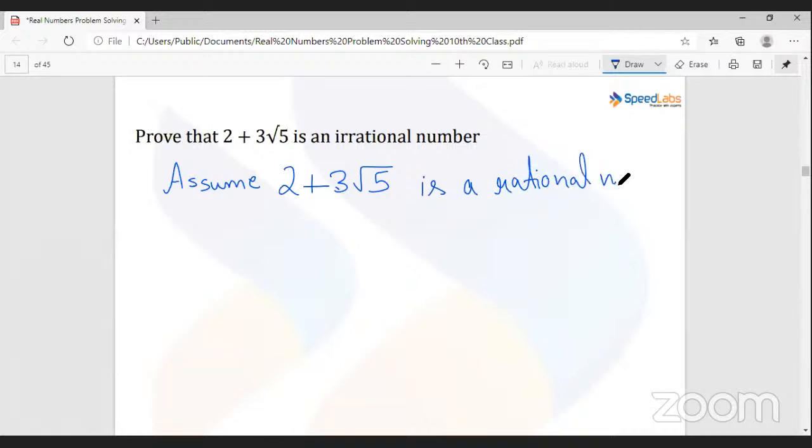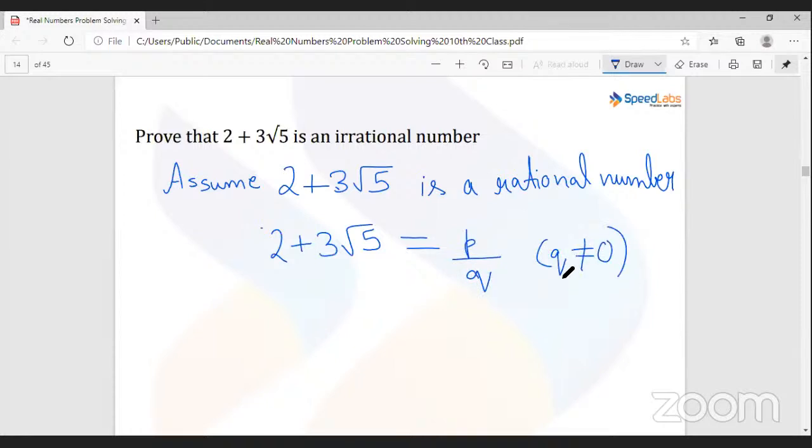Okay, and what is a rational number? A number which can be expressed as P upon Q, where Q is not 0. Okay, so what I'll do here is I'll write it as P upon Q, where Q is not equal to 0.